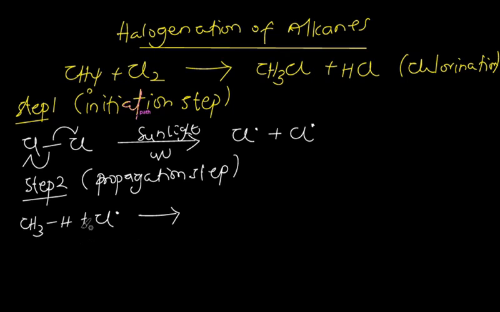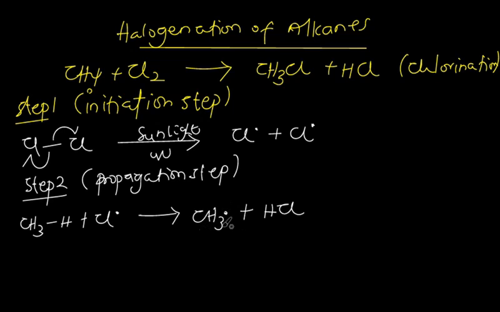Then the radical picks up the hydrogen and gives the electron to the alkyl group, which is the methyl. So at the end we get CH3 with the radical electron, plus HCl. The chlorine picks the hydrogen, so we have HCl. This second step is where the HCl is produced as the byproduct.